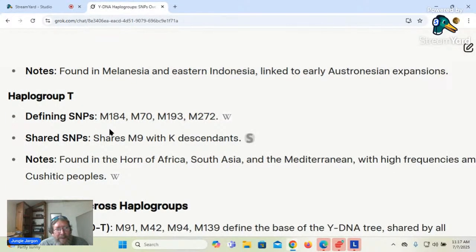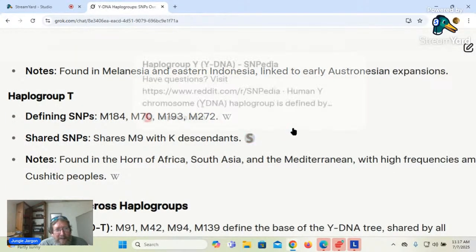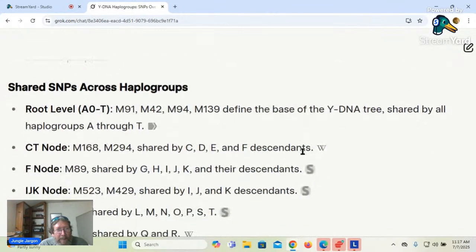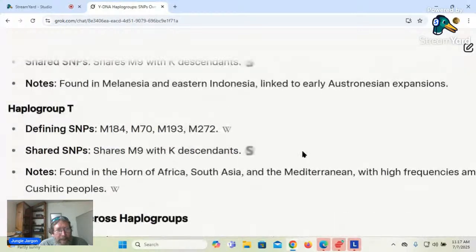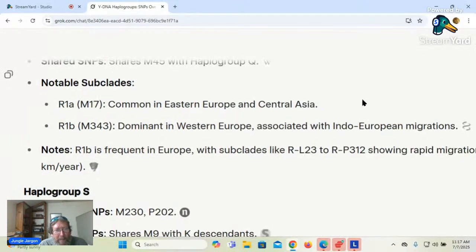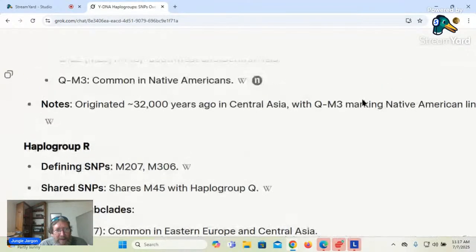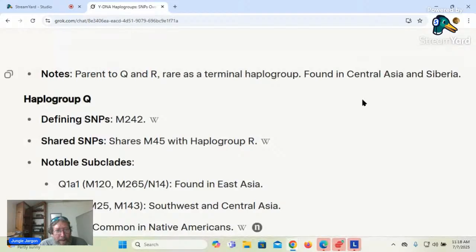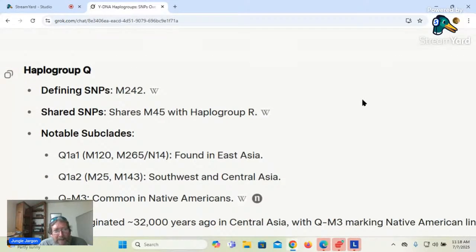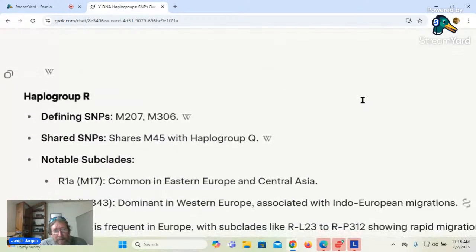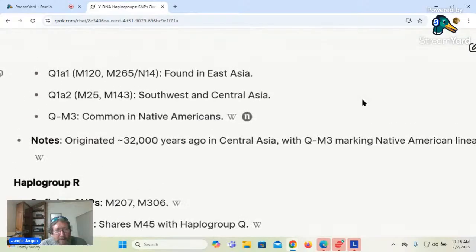Okay, so we got the T has the M9 with the K descendants. And I don't know why the Q and the R don't have it. Well, they're supposed to be Q descendants, I guess. I don't know. But anyways, the P, the Q, and the R are totally separate lineages in totally different places.